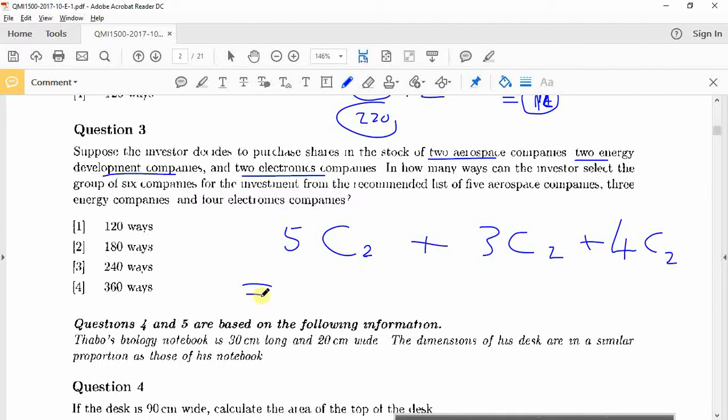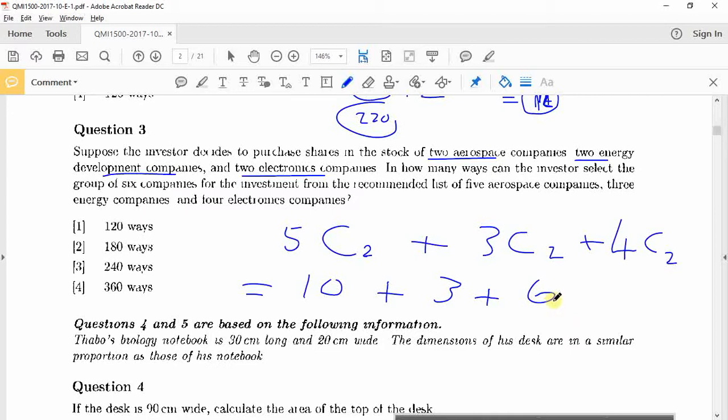So 5 choose 2 is 10, plus 3 choose 2 is 3, plus 4 choose 2 is 6. Okay, that gives me 19.